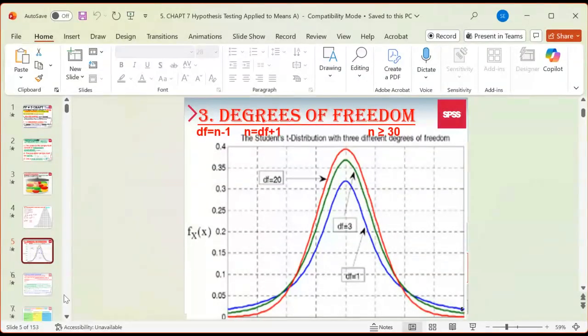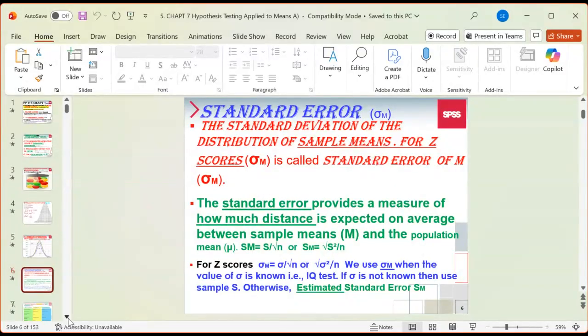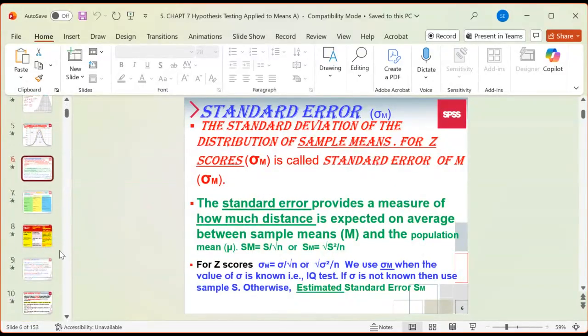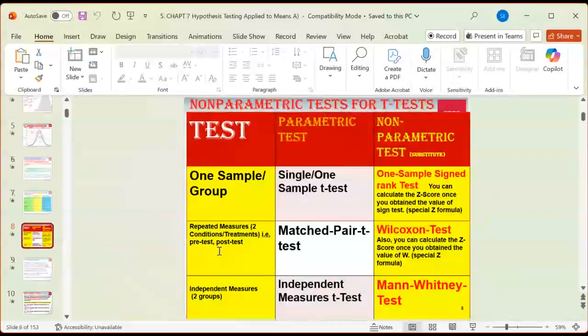With that in mind, we said that if we cannot meet the assumptions of a parametric test, we need to switch to the non-parametric test equivalent to that t-test.